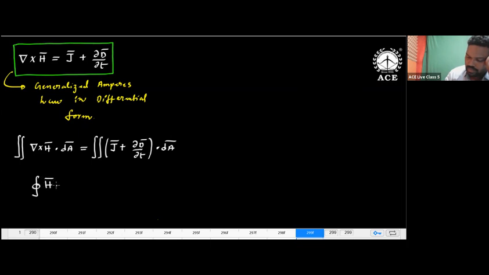Closed line integral of H dot dl is equal to surface integral of J plus dou D by dou T into dA.